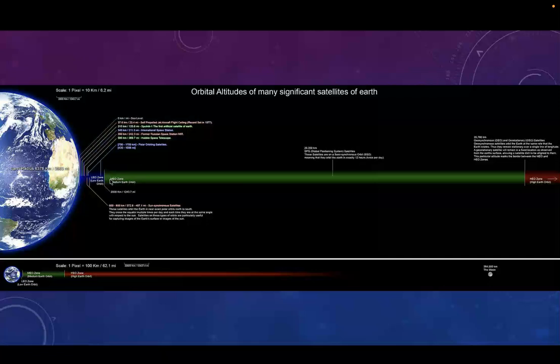And launching any kind of satellite to orbit is very, very expensive. We are talking thousands to tens of thousands of dollars for every kilogram.